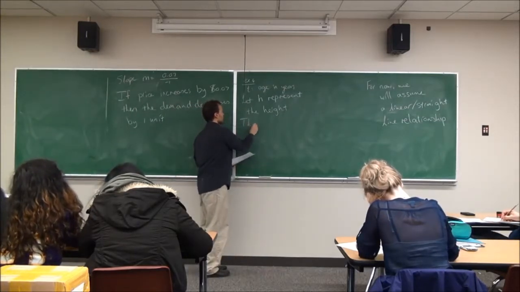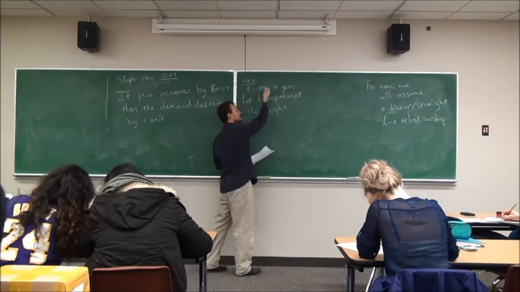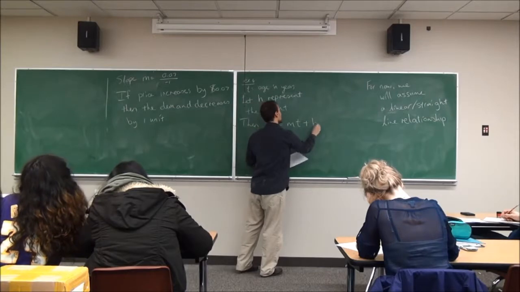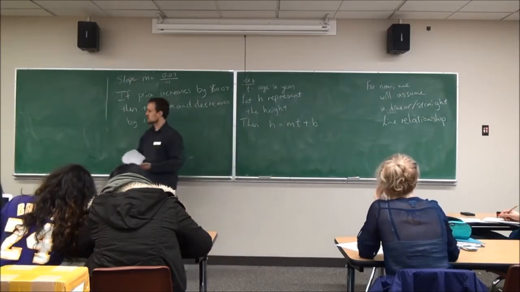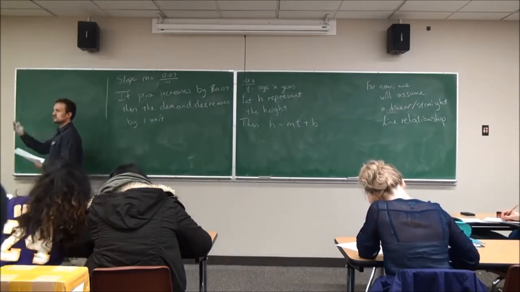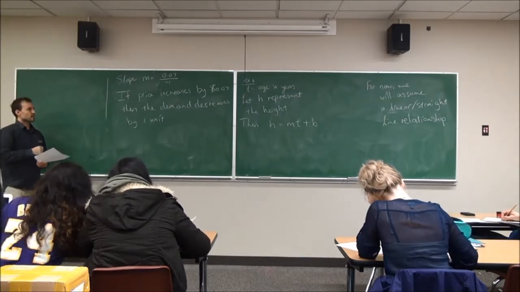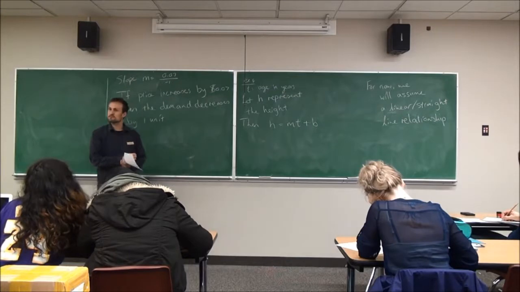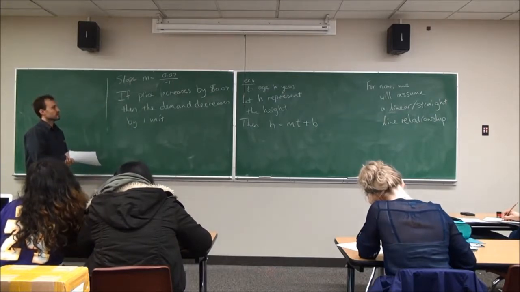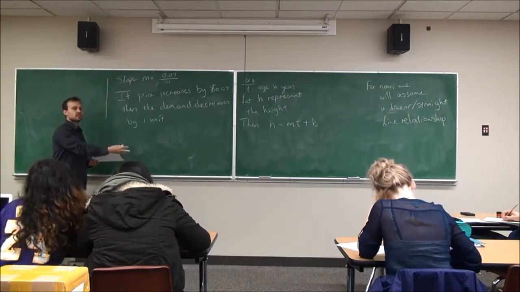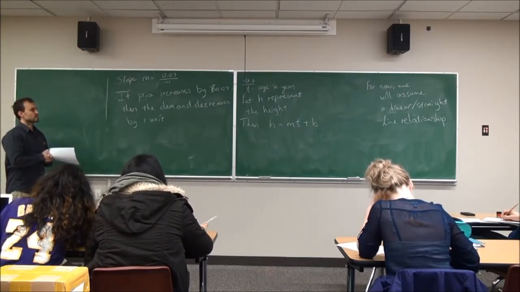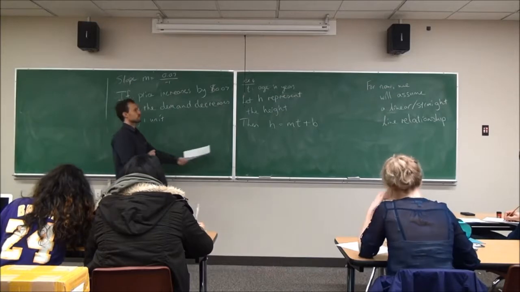So what is my equation? Well, height is a function of time, so I want to find that equation. Now, if they say something is a function of something else, then it's clear which one's y and which one's x. If I say h is a function of t, t is my independent variable, h is my dependent variable. So it has to be like this.